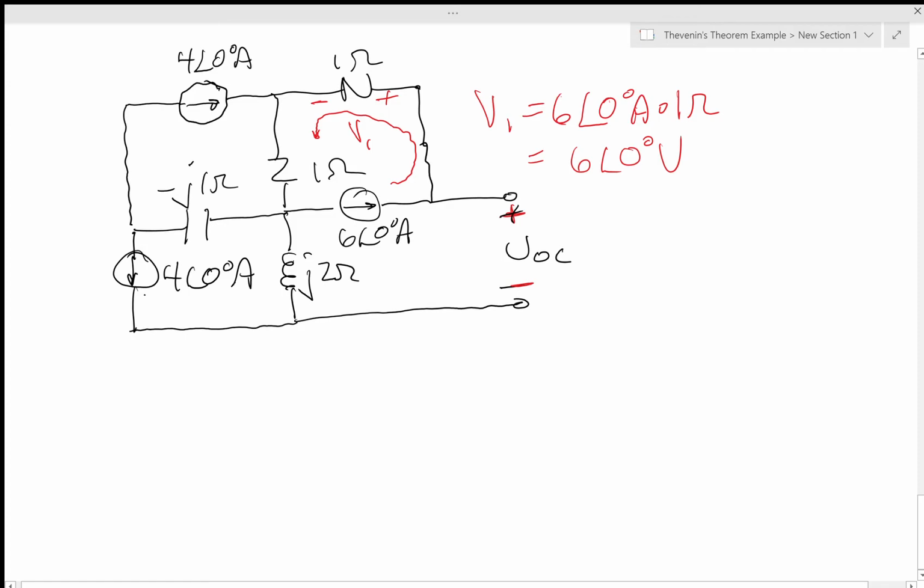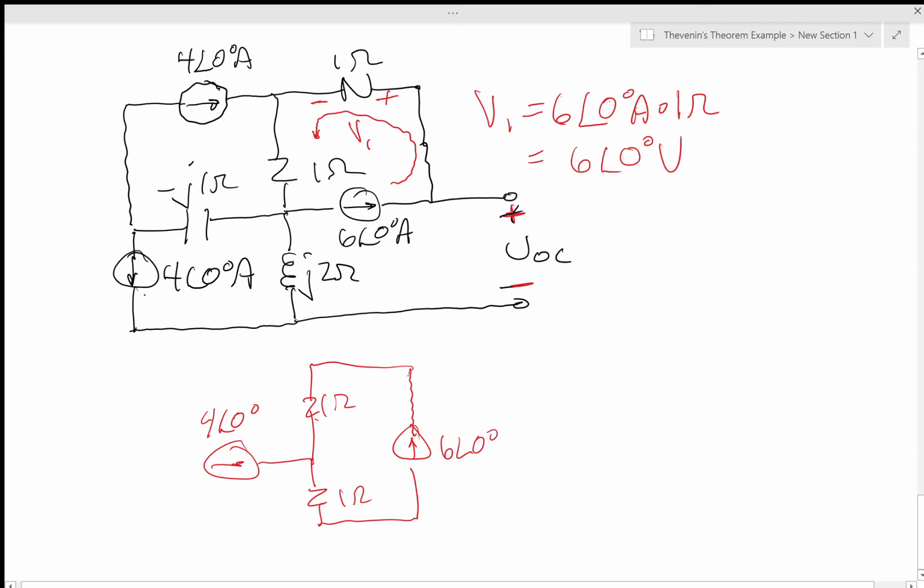Maybe I should redraw it. Let's just look at this in a different light. So here we go. Here's our current source, 4 angle 0 degrees. It comes over here, hits a 1 ohm resistor that way, hits a 1 ohm resistor this way. Here's the 6 angle 0 degree source.